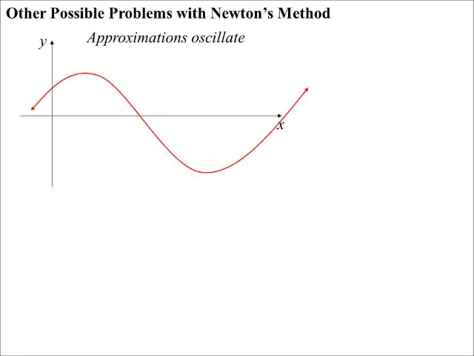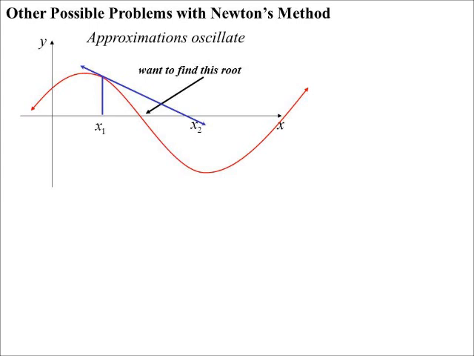Some problems though. Some problems we need to be aware of. If we pick one and it ends up getting an oscillation, now what do I mean by that? There's a random curve. Say I want to find the solution there on the left hand side. So I want to find that one. And I pick x1. So there we go, tangent comes in and we get x2.